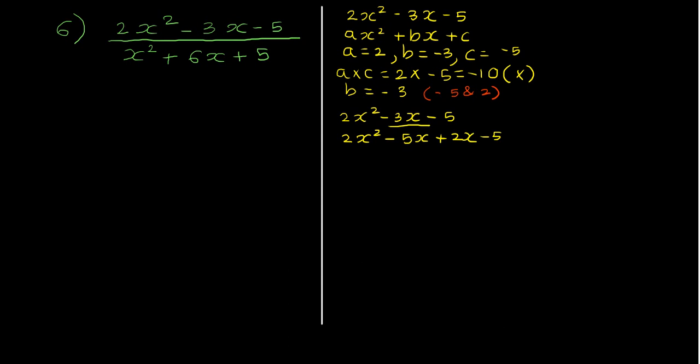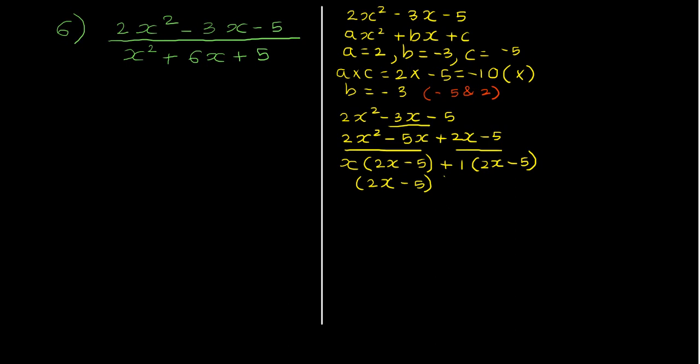I'm going to factorize the two pairs separately. Here we have x as the highest common factor, and in the bracket I have 2x minus 5. In the other one I have 1 as the highest common factor, and in the bracket 2x minus 5. So 2x minus 5 times x plus 1.